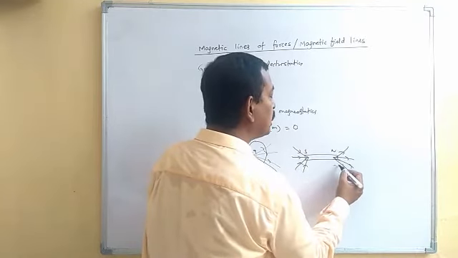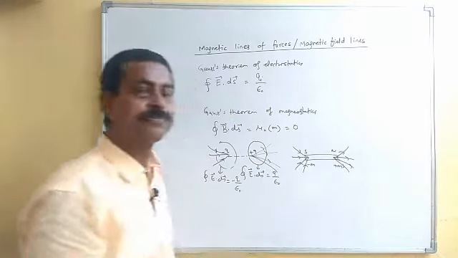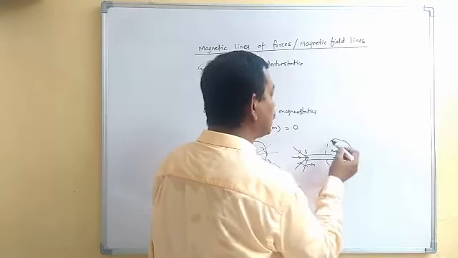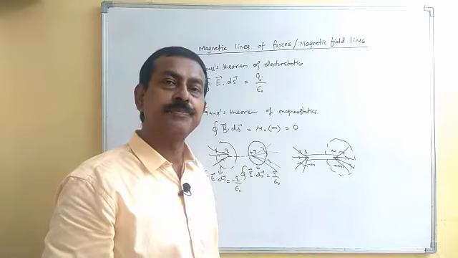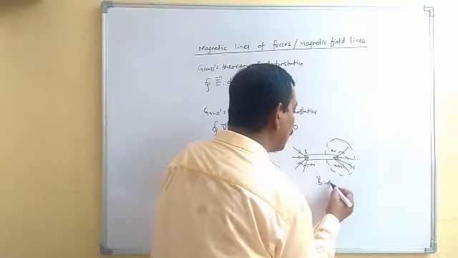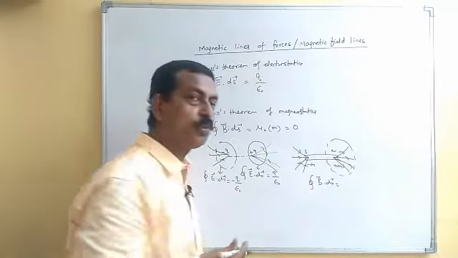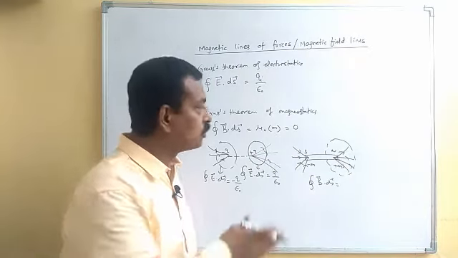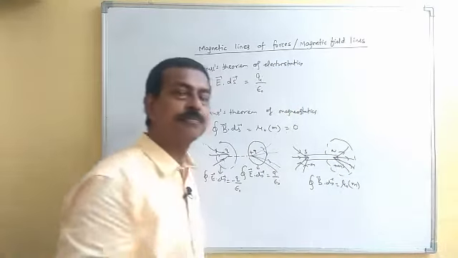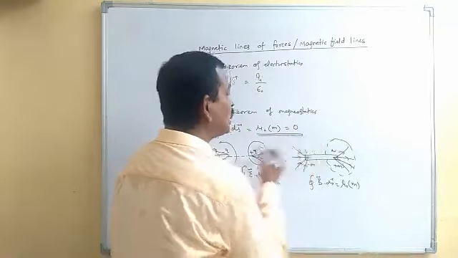In terms of the pole strength, suppose this is plus M and this is minus M. So now again if I take a closed surface here, in that case ∮B·dS, if you apply here, it has the North Pole there. So lines of forces are coming out, in that case it will give you how much? Mu naught M. But in magnetostatics we get that this term should be 0.